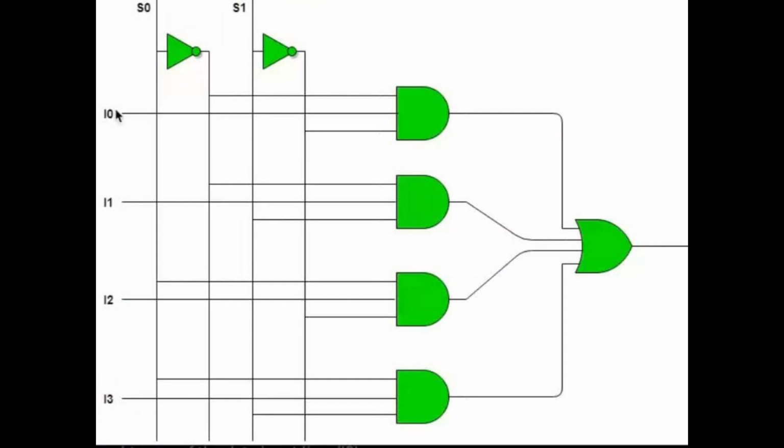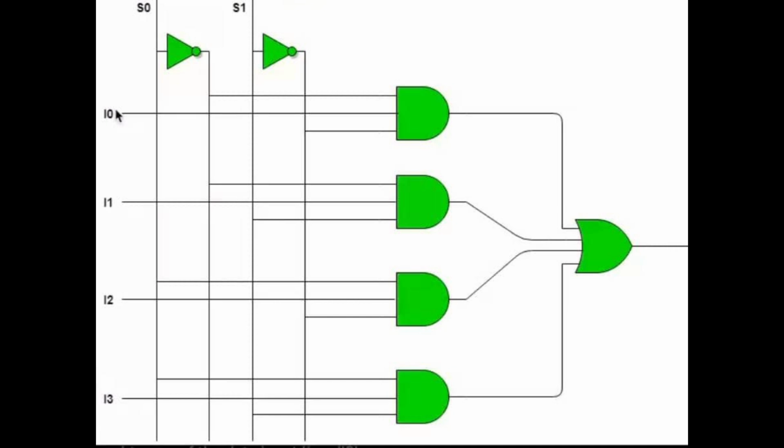The image is a 4-to-1 multiplexer. This device selects one of the 4 input signals, I0 to I3, and routes it to a single output based on the values of 2 select lines, S0 and S1. Here is how the selection works. If S1 is 0 and S0 is 0, the output will be I0.